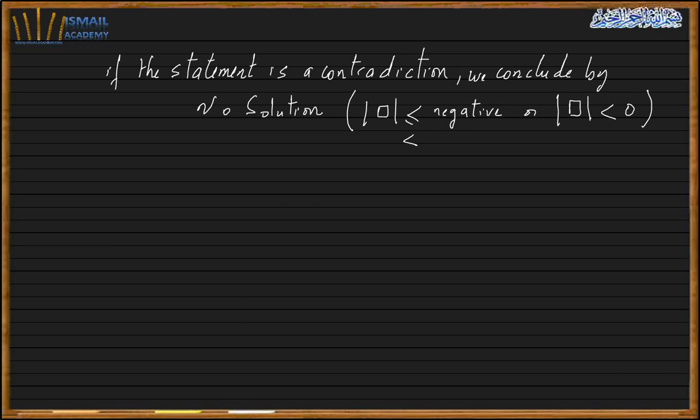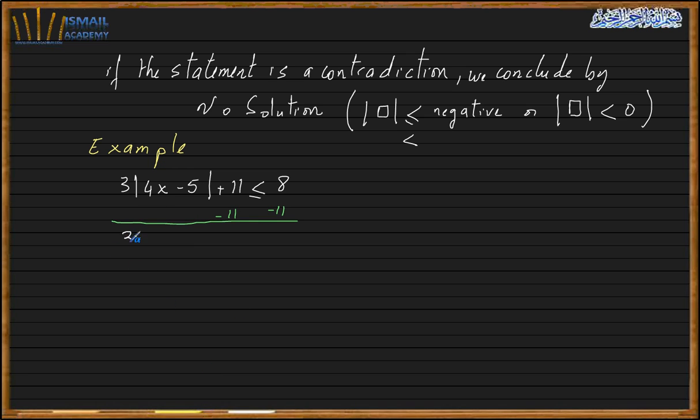So let me give you an example. Suppose I want to solve this statement: 3 times the absolute value of 4x minus 5, plus 11, is less than or equal to 8. Here what I do, I minus 11 both sides.